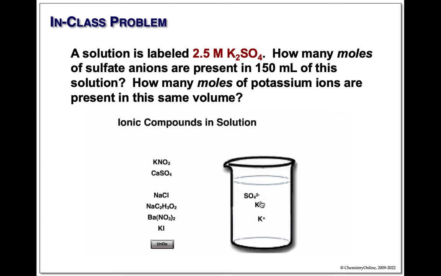Just like the sodium chloride dissolved, we're left with potassium ions that are free floating and sulfate that's free floating. The ratio, 2 potassiums for every sulfate. That's the mole ratio here, isn't it? 2 to 1. So, how many sulfates in 150 mils? How many potassiums? Going to be twice as many.